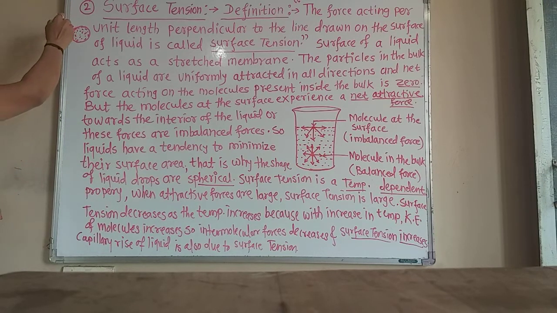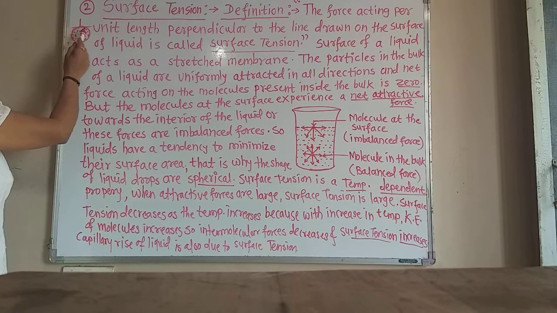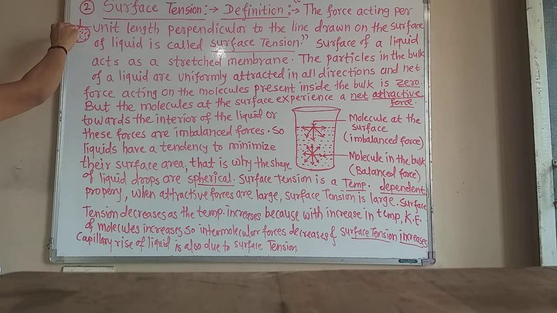If we draw a line on the surface of the liquid, then the force acting per length, suppose 1 millimeter or 1 centimeter, in this way, the force acting per unit length perpendicular to the line drawn on the surface of the liquid is called the surface tension. This is the unit length which is drawn on the surface of the liquid.